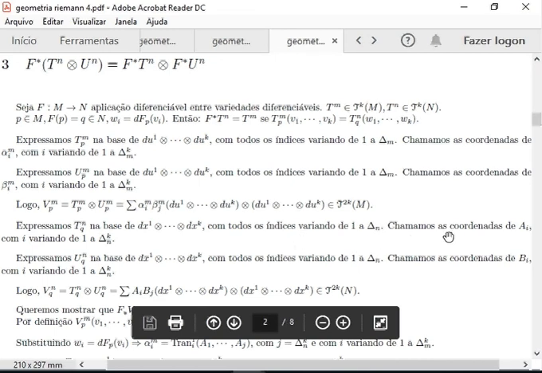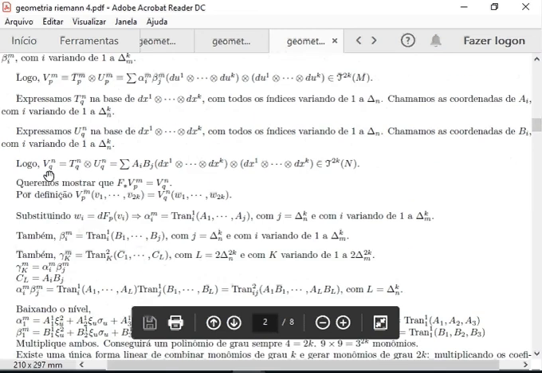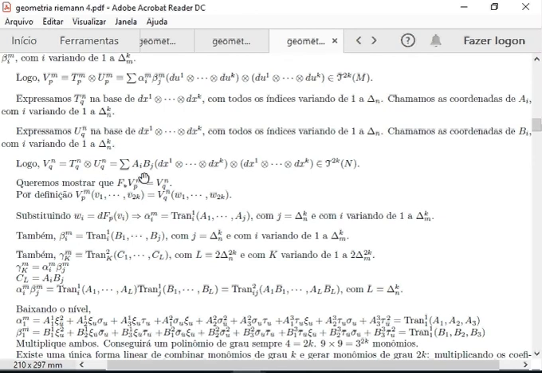We call the coordinates ai, and we express Ukn in the same basis, and we call the coordinates big A, big B, I. Therefore, VQN equals TQN all times UQN equals the sum of AI BJ in T2K of N. We want to show that the push forward of F in VPM is equal to VQN.